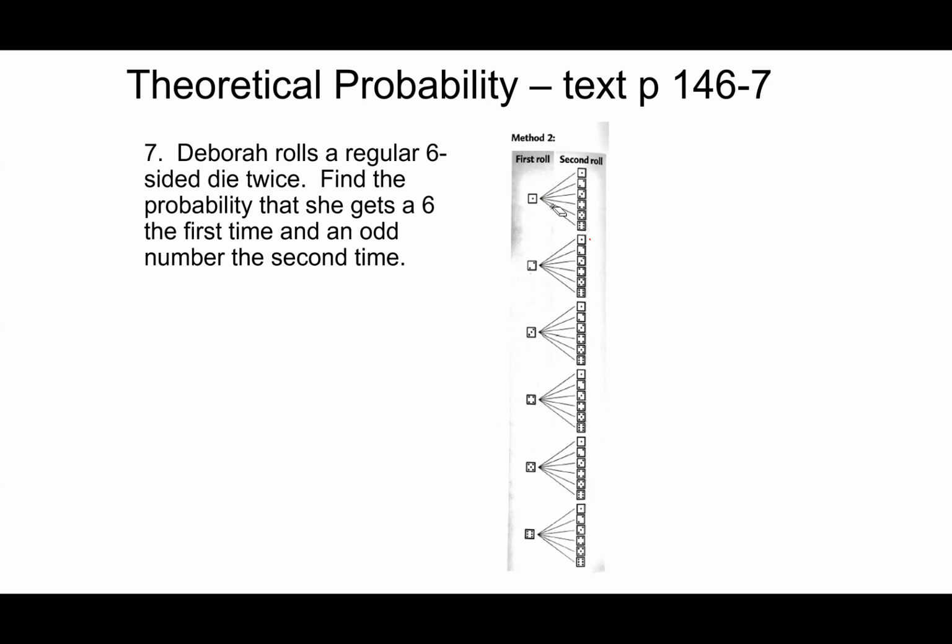Out of those 36 possibilities, now we're only going to look at the 6. How many times might she roll an odd number? Eyes up here, please. How many times, Annie? 3. 1, 2, 3. So what's my probability this time, guys? Yeah, it's still 1/12. Isn't that crazy?